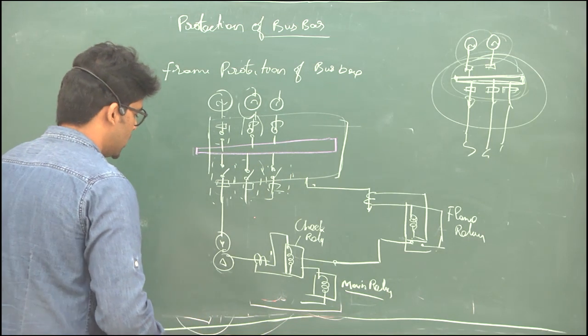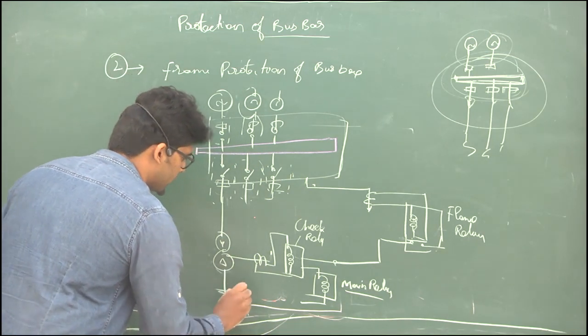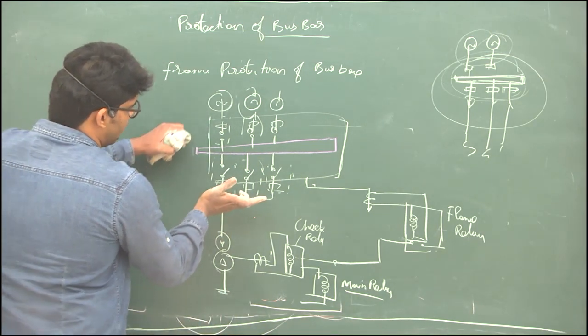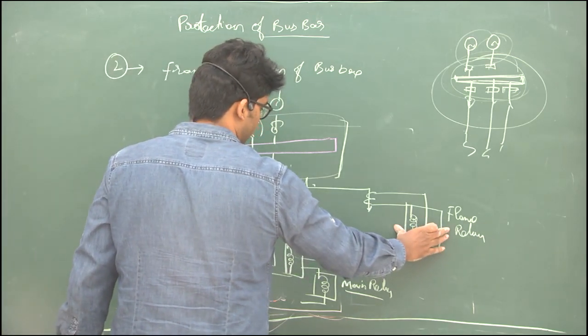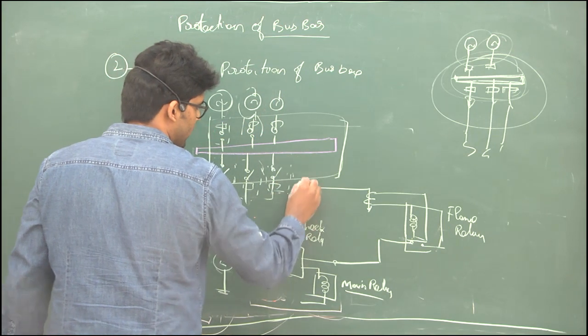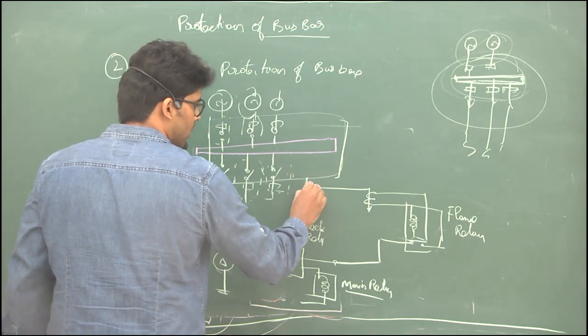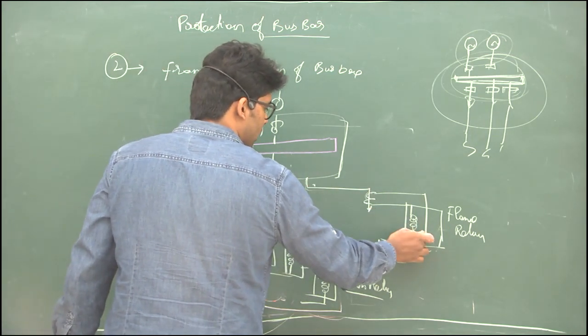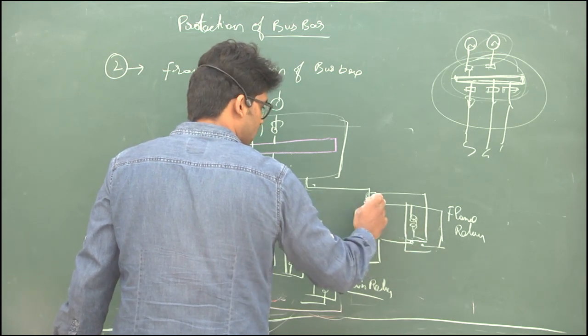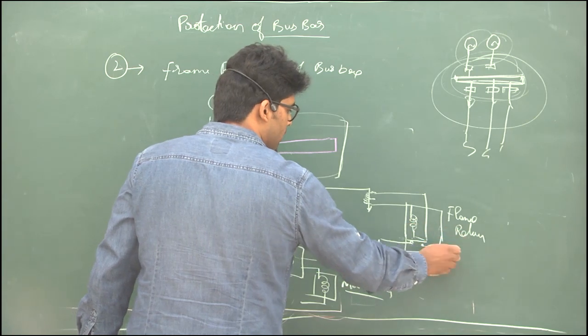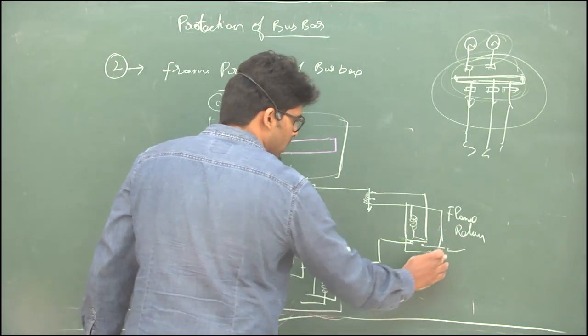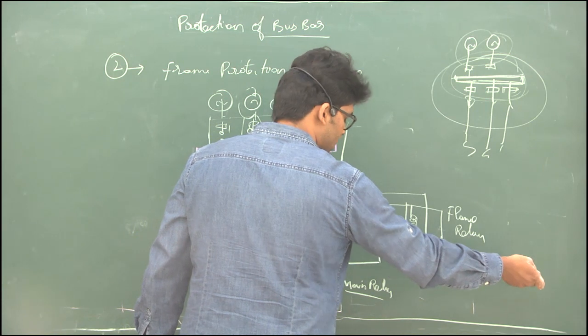So why do we use all this configuration? To protect the metal frame, this alone is enough. If there is some high leakage, the CT will be excited and give a signal to the frame relay, and the circuit will give a signal to the circuit breaker.